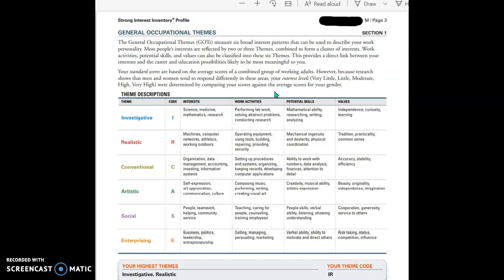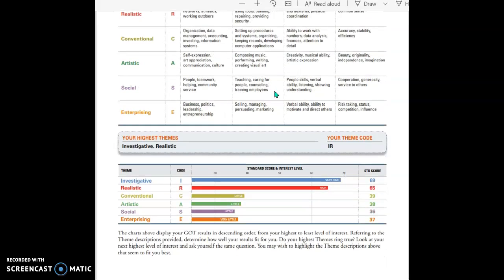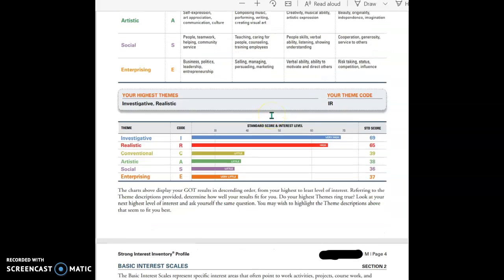Your Holland's code is set in order from the highest to the lowest. So everyone is going to have different levels based on how you answer the questions. As you can see here, lower on the page, there are these bar graphs, and this is a really good visual representation of your Holland's code.